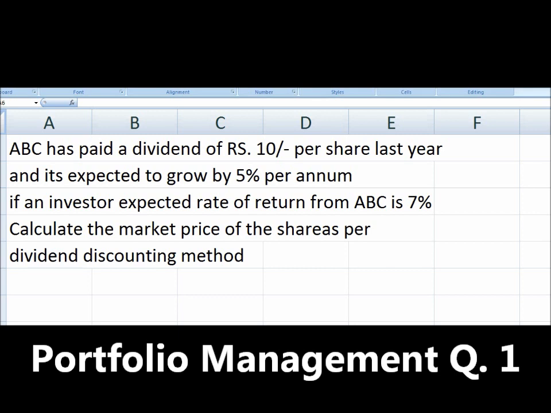The expectation of the investor is 7% and the expected growth rate of the stock ABC is 5%. Calculate the price. Okay, let's do a small exercise.